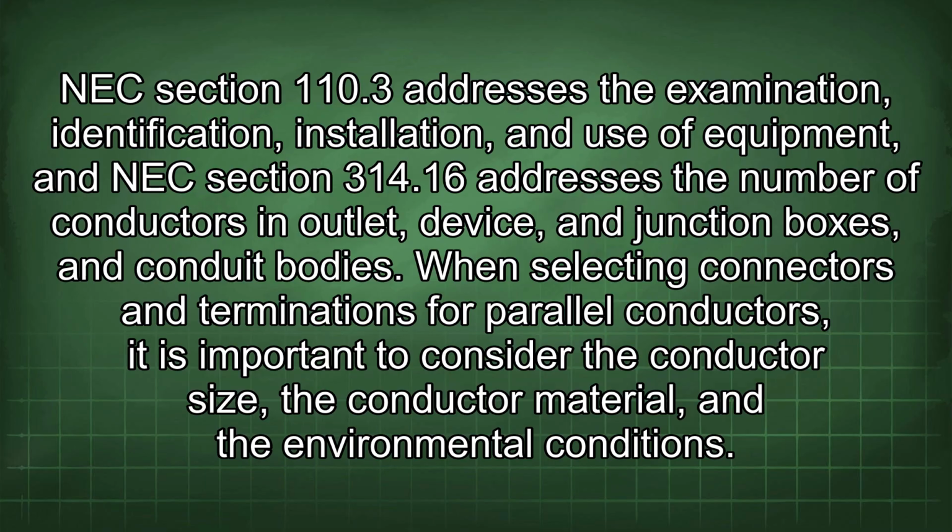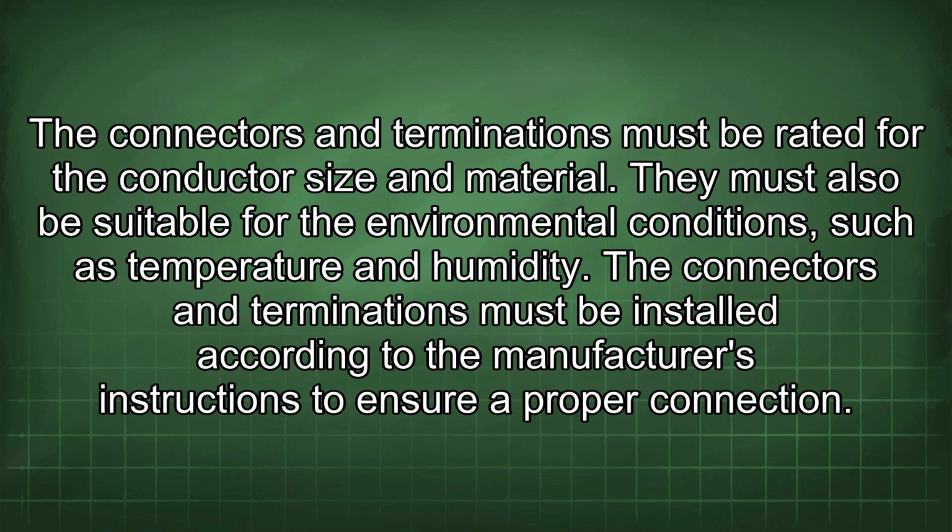When selecting connectors and terminations for parallel conductors, it is important to consider the conductor size, the conductor material, and the environmental conditions. The connectors and terminations must be rated for the conductor size and material. They must also be suitable for environmental conditions such as temperature and humidity.